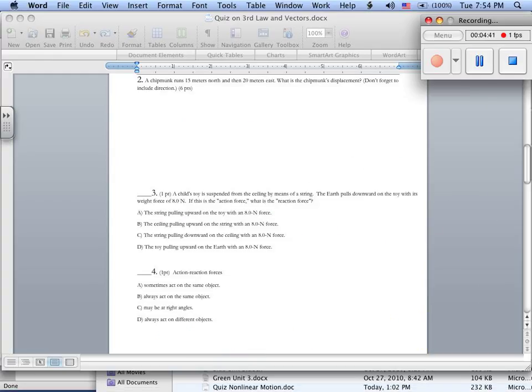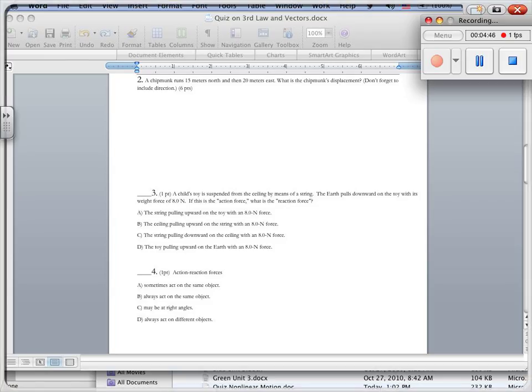Moving on, we have the chipmunk problem. Number 2, the chipmunk runs 15 meters north and then 20 meters east. And you had to find the chipmunk's total displacement.